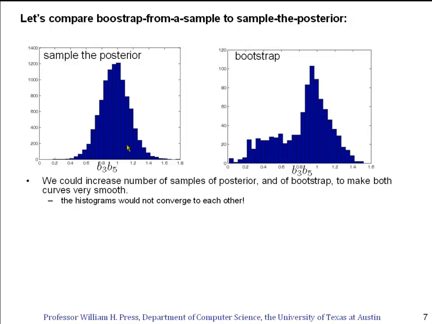Now, if we increased the number of samples of the posterior on this side, or if on this side we increased the number of bootstrap resamples, these histograms would not converge to each other. What would happen is that each histogram on its own would converge to a smooth curve. But this one would converge to a smooth curve that goes something like this, up through the data here and then down here.